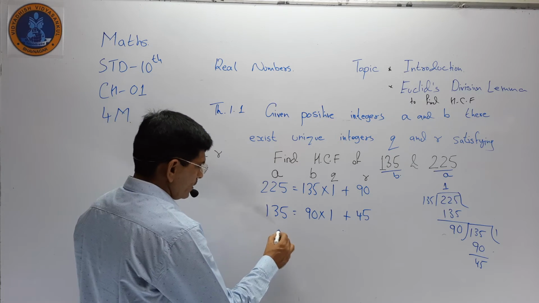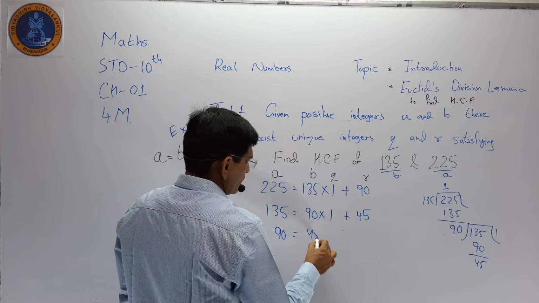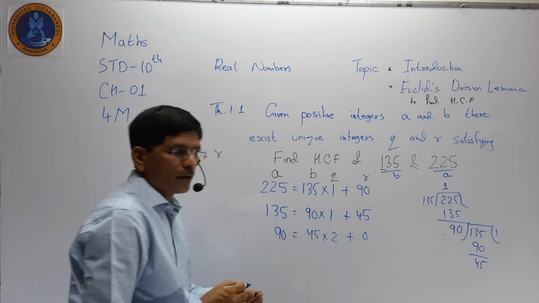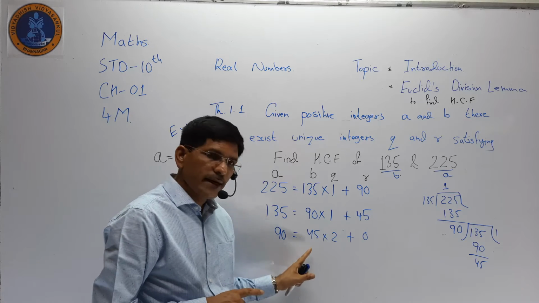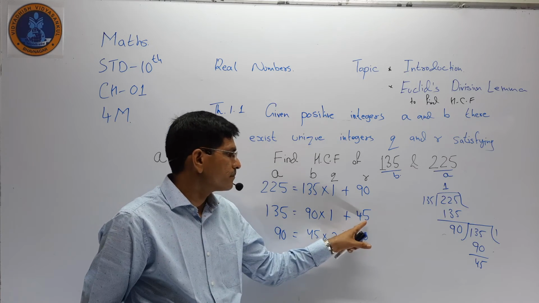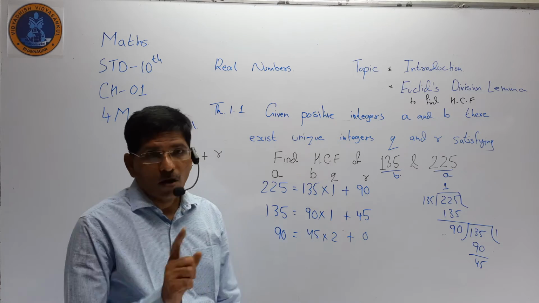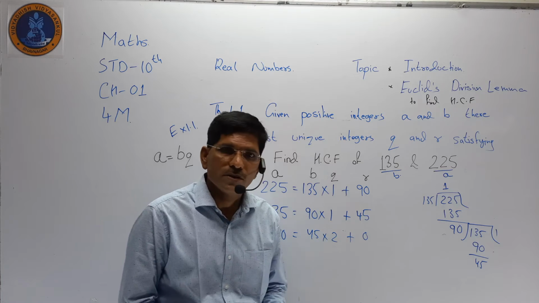Now next step, that is 90 I have to write, 45 I have to write it here, 45 twos are 90, here remainder is 0. So either B is my answer here, or B is my answer here, or non-zero remainder. So remainder here 0, above it, it is called non-zero remainder.